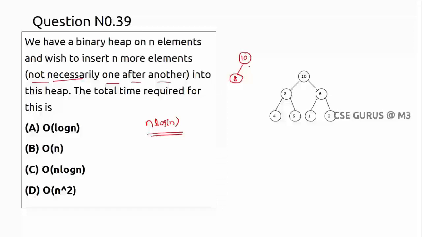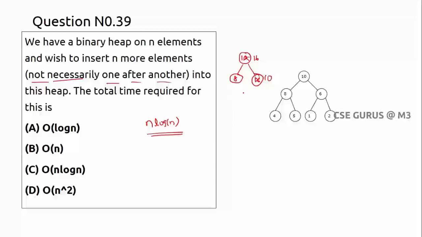Every time I insert an element, I'll check for the heap property. If it is fine, then okay, otherwise I'll rearrange. Let us suppose if it is 16, I'll check the heap property, and 16 will go here, if it is a binary max heap.